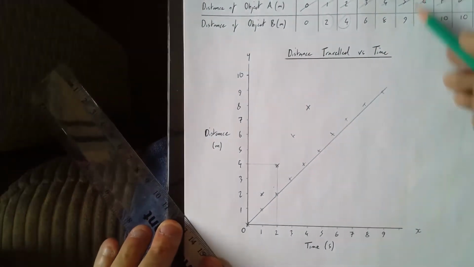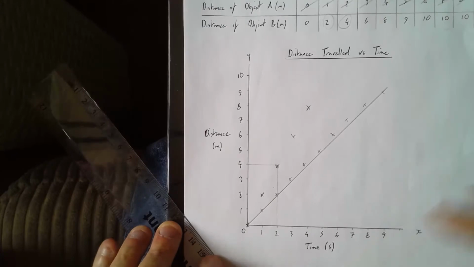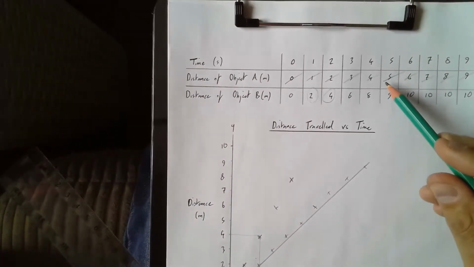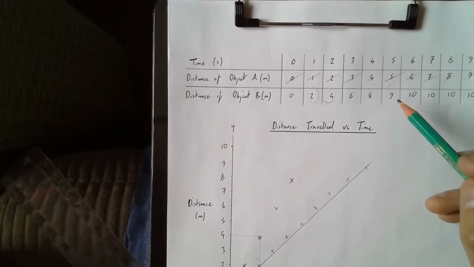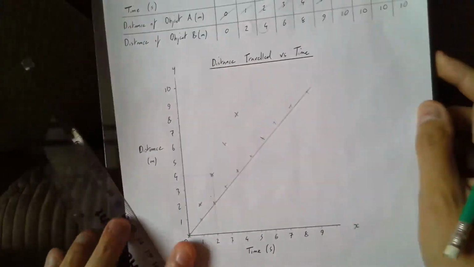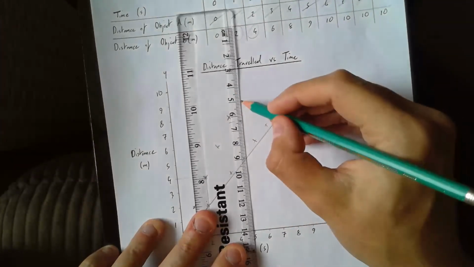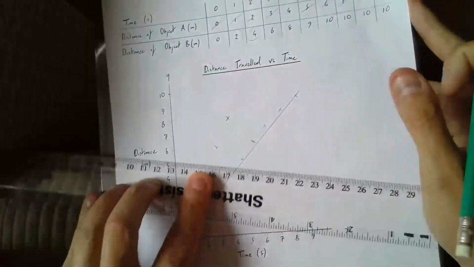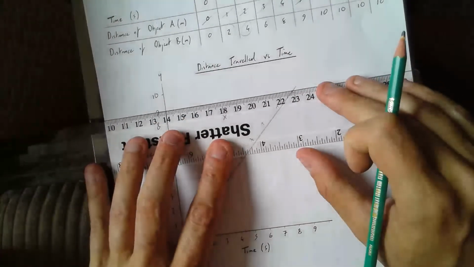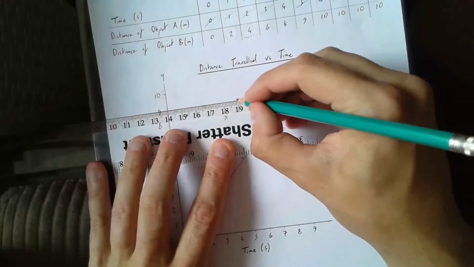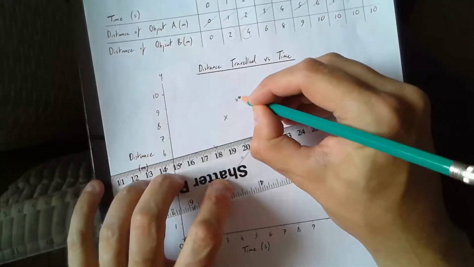Then at 5 seconds, you've travelled 9 meters this time. So being very careful, 5, measuring up to the point here where we have 9, and that is our point.